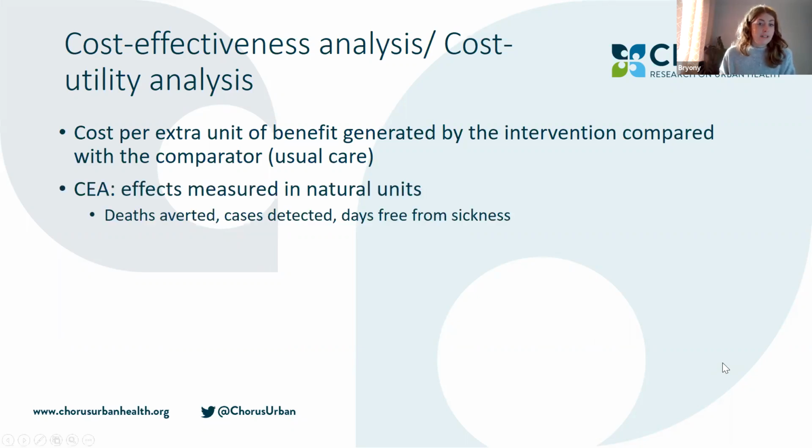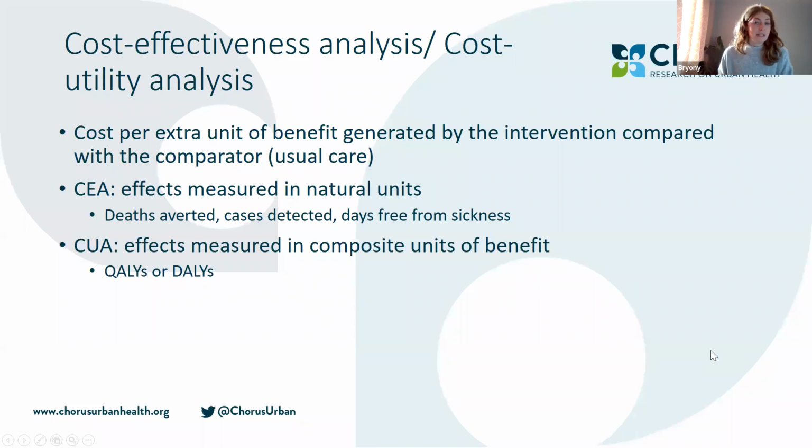The only difference is that in cost effectiveness analysis, the health-related units are directly measured health units, so something that can be observed in natural units from patients, like deaths averted, cases detected, days free from sickness. Whereas in cost utility analysis, the health benefits are measured in composite units of health benefit, which combine quality and length of life.